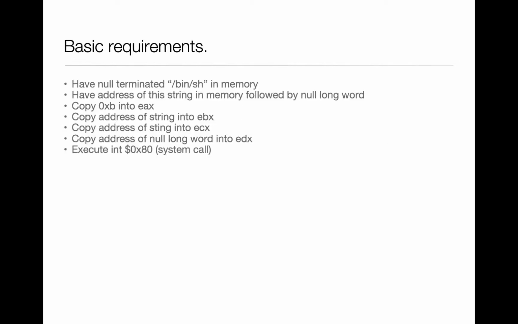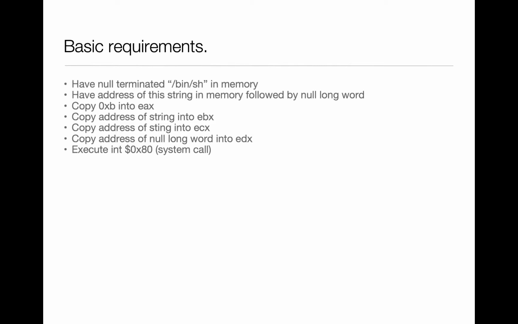This is because there are some basic requirements when you're generating these payloads. For example, we want to make sure that the /bin/sh is null terminated in memory, so that when you pass it to the execv argument, it has that string terminating null value.